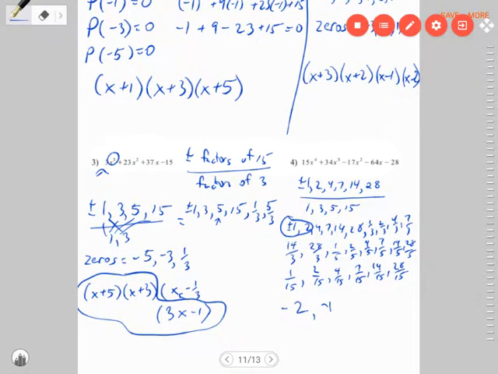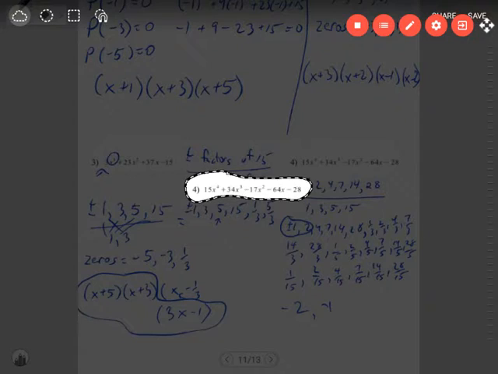Okay, so I'm going to show you how that works, because that is one of those more important skills. So tell you what, I'm going to take this thing and copy this over. We'll save that.